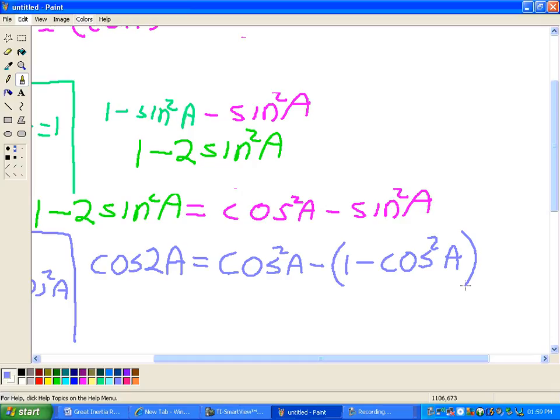He's got to go here and here both. So he would become -1 add cosine squared. How many cosine squareds do I have?